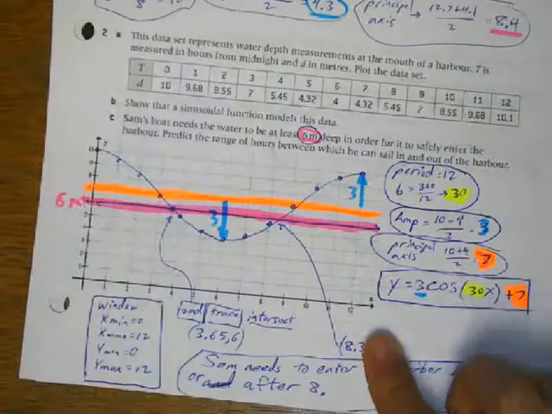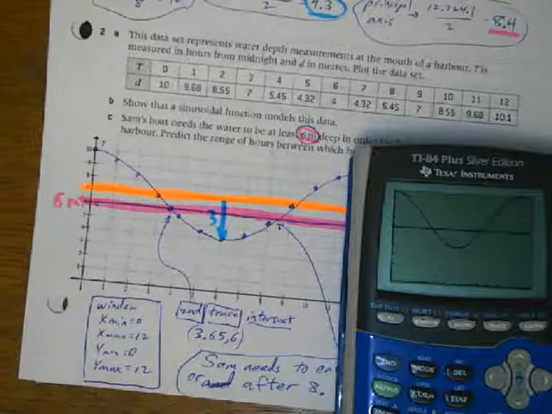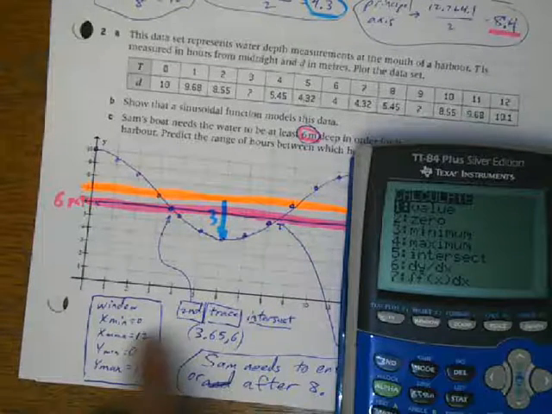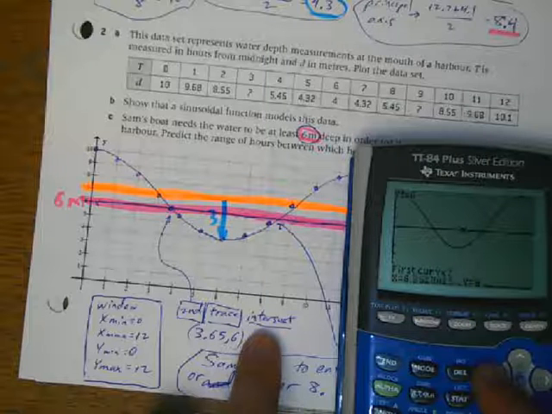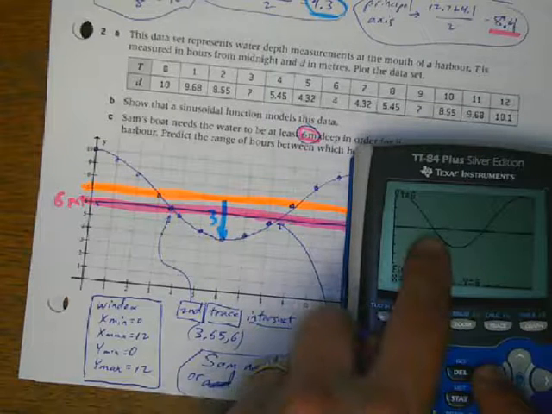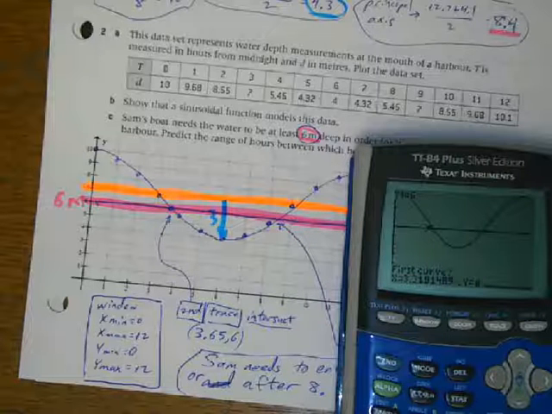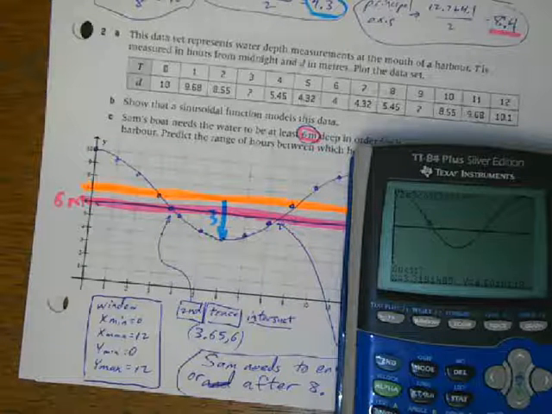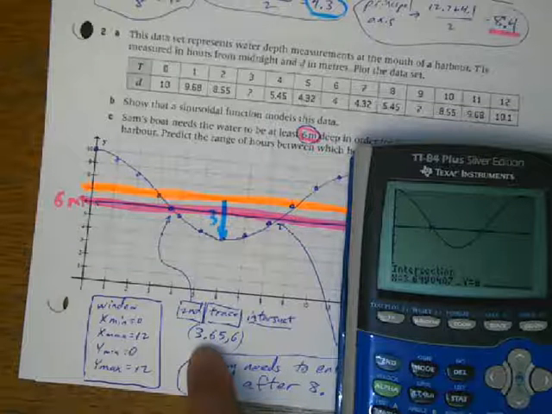And so I'm going to do second trace and intersect. And I'm going to put this intersection close to there. I'm going to hit enter, enter, enter. And my intersection is at 3.65.